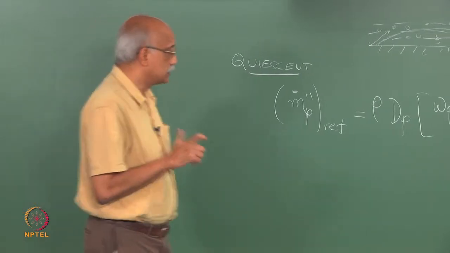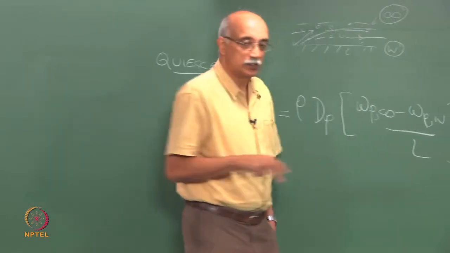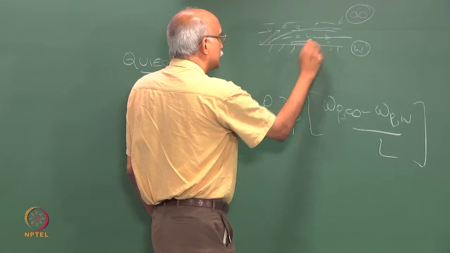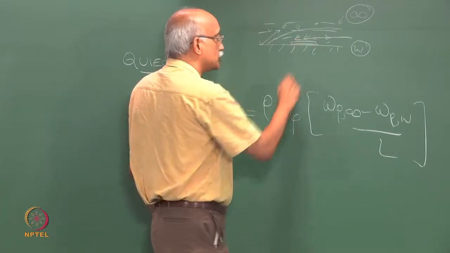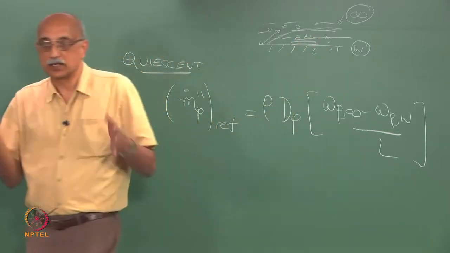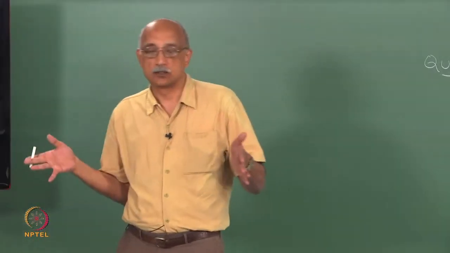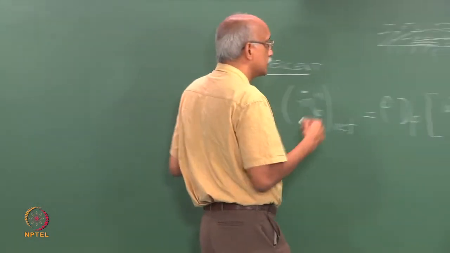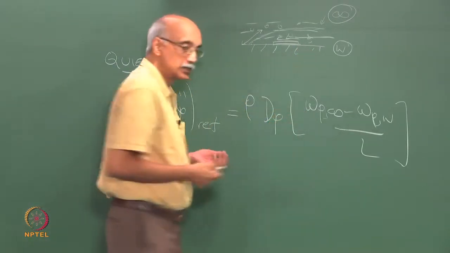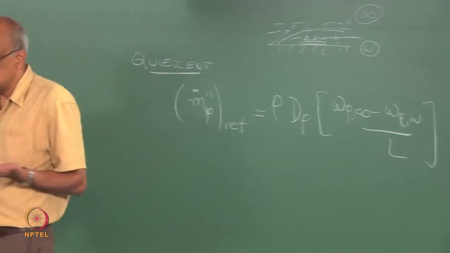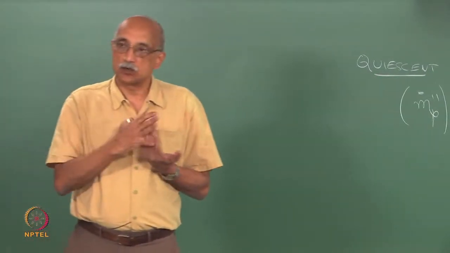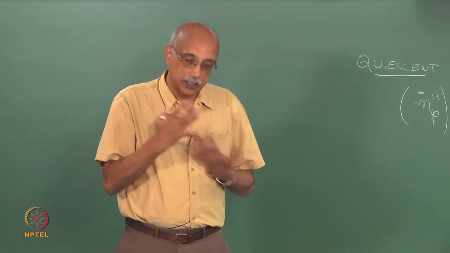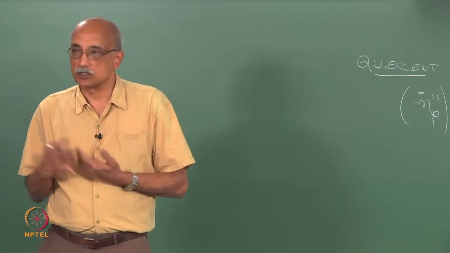Now, this reference length can be chosen based on the application. For example, if you have a plate of some dimension L, then that linear dimension could be your L, or if it is a cylindrical surface, again either the diameter of the cylinder or the length of the cylinder can be taken as your reference length, depending upon the nature of the transport process that you are concerned about.